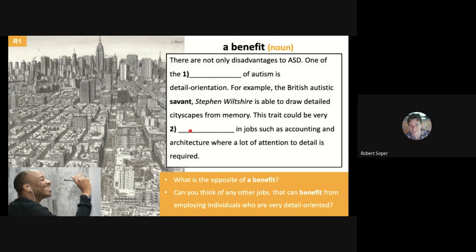Beneficial. And this is just following our noun, be verb, adjective construction, although it's made more complex by having the modal verb could in front of be. But this is still our noun, be verb, adjective construction. Okay, so the correct answer here was beneficial, which is the adjective form of benefit.